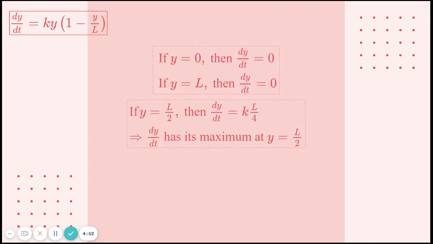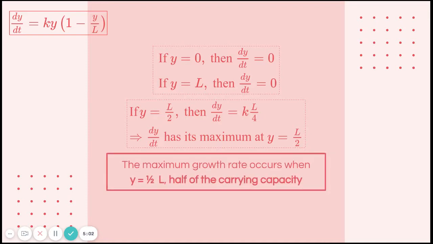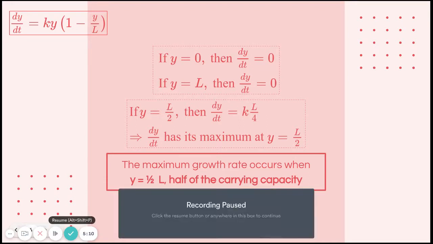If dy/dt occurs on a closed interval that begins at 0 and ends at L, y equal to L over 2 would be a maximum. Therefore, dy/dt, or the growth rate, achieves its maximum at L over 2, half of the carrying capacity.